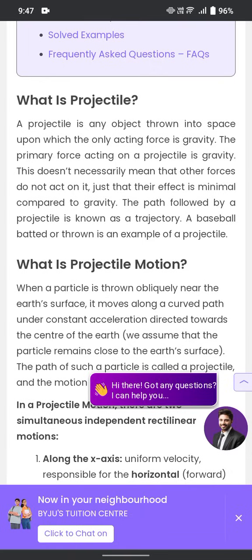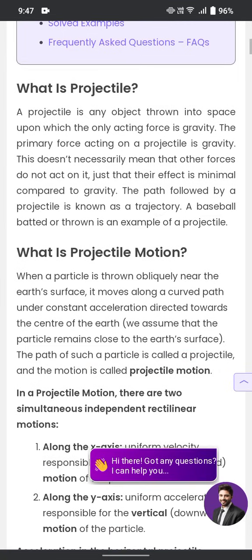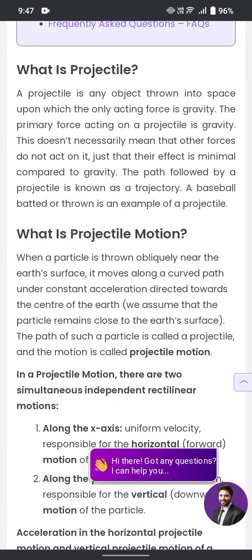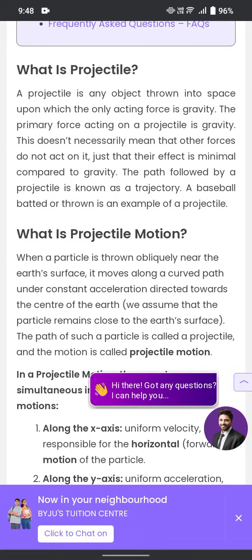This does not necessarily mean that other forces do not act on it, just that their effect is minimal compared to gravity. The path followed by a projectile is known as its trajectory. A basketball batted or thrown is an example of a projectile.